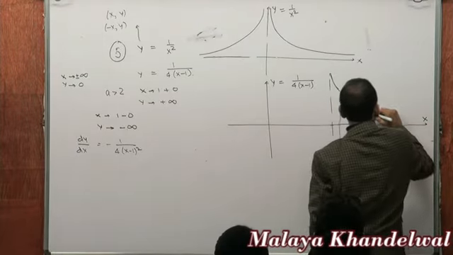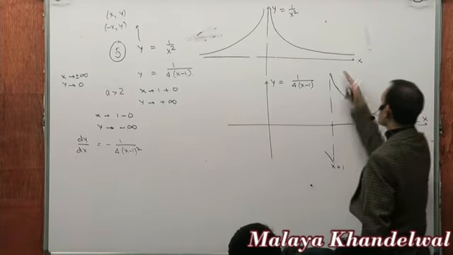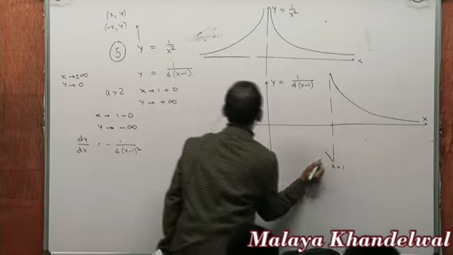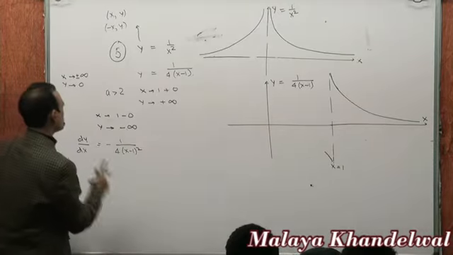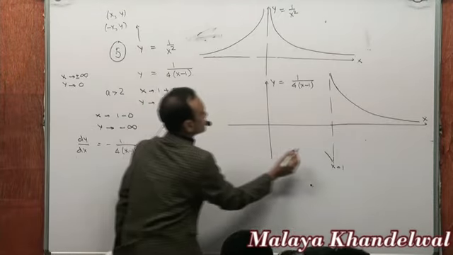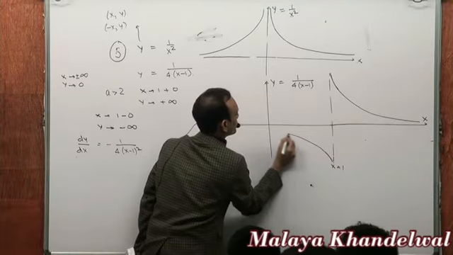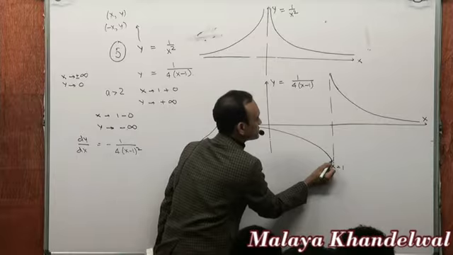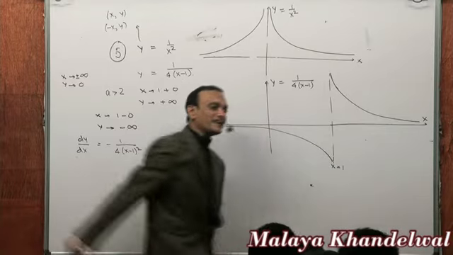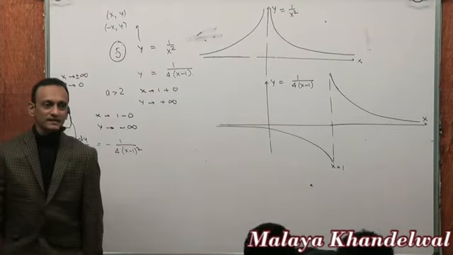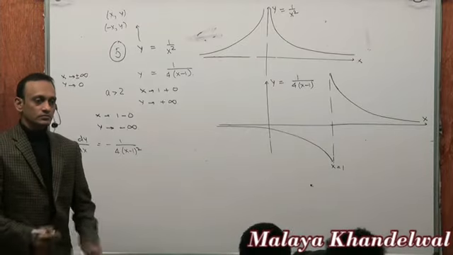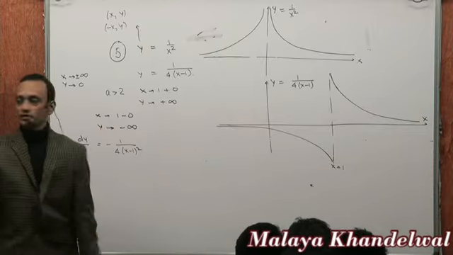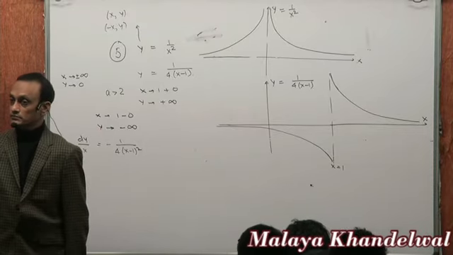As x tends to plus infinity, it is 0, starting heavenwards, right? And then at x equal to 0, it's a negative number, so it goes this way. As x tends to minus infinity, also it's going to be 0. It's forever decreasing. Yes or no? That's the graph of y equal to 1 by 4 into (x minus 1).